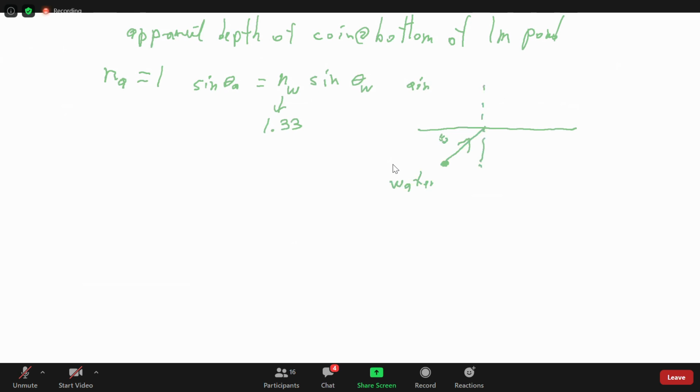It gets bent away from the normal. So this angle is theta A. This is theta air. This is theta water. And here's our viewer. But what the viewer sees is actually this. The viewer thinks that the coin is a little bit higher.